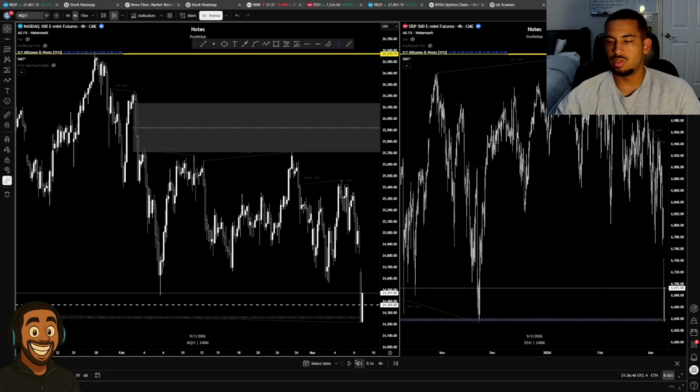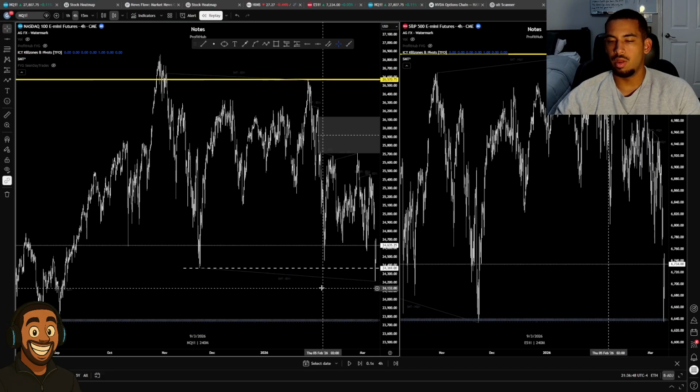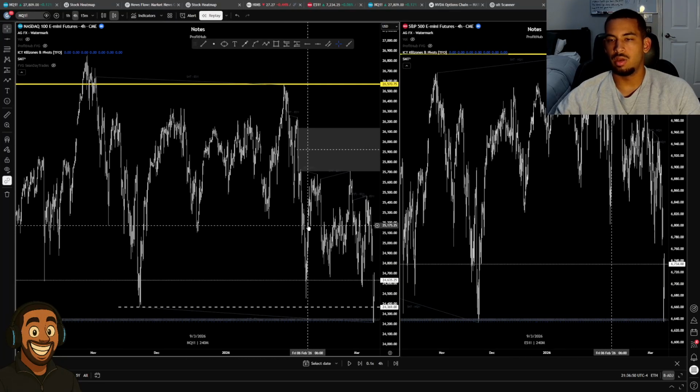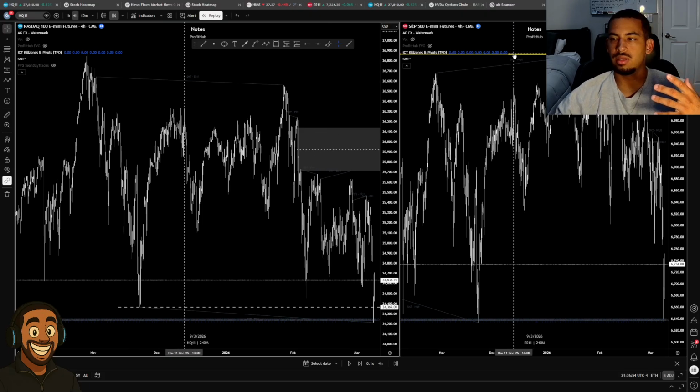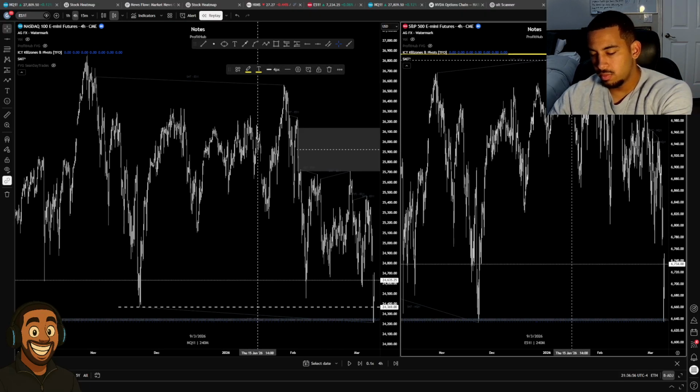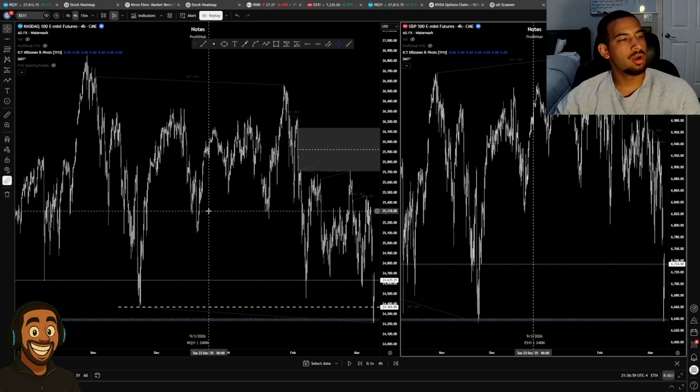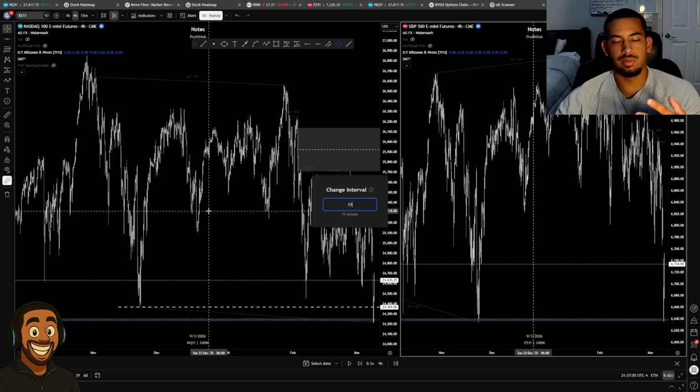So in general, just keep messing around with this, understanding where the market's going to go. If we take sell side, where should we go? Buy side, right? And I mean, the 4-hour is really hard to predict.